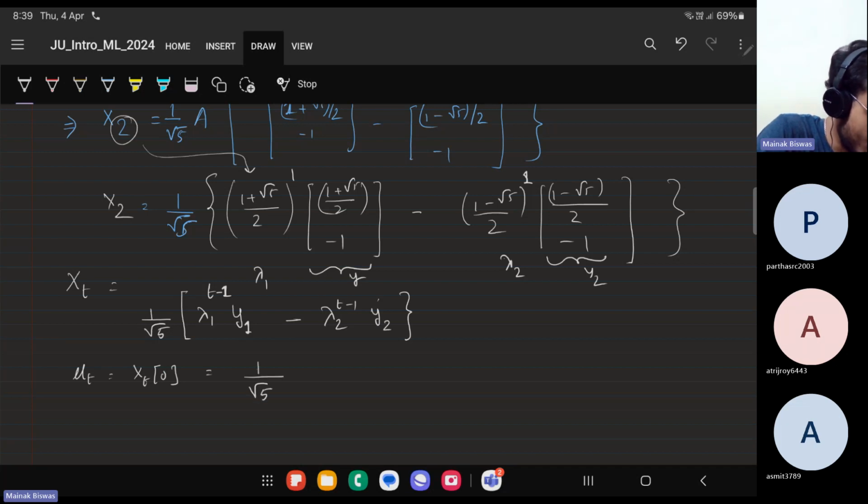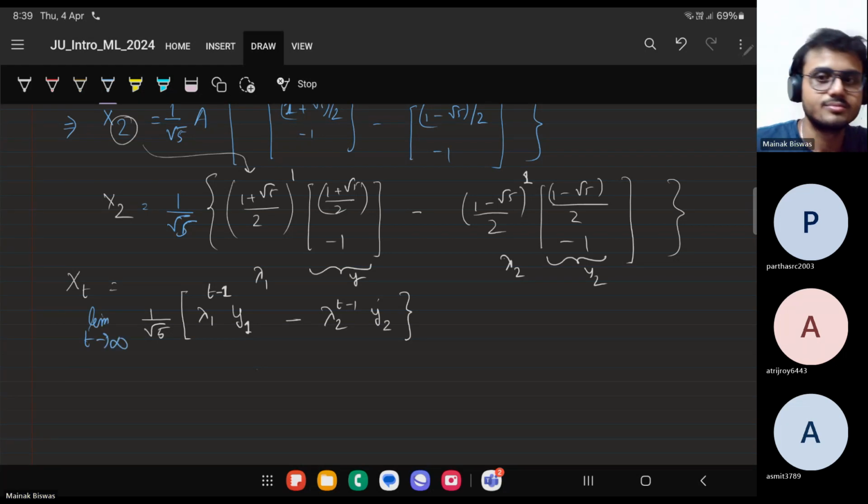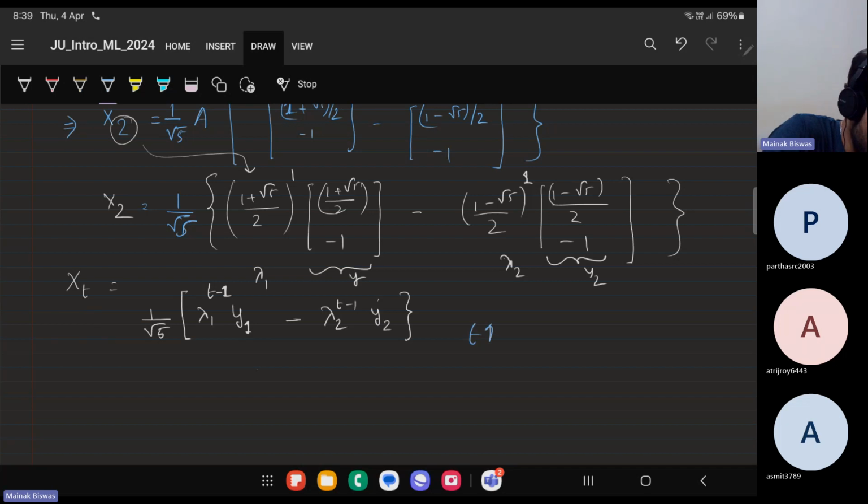So now before I go into that, see, as limit t tends to infinity, what happens? Tell me, does it go to infinity? One term, as t increases, what will happen?